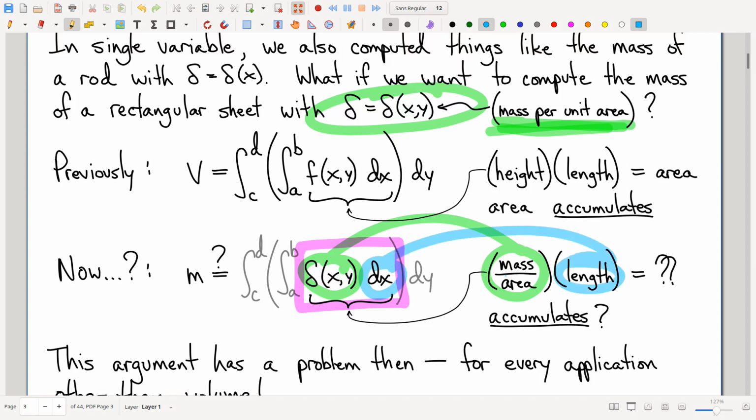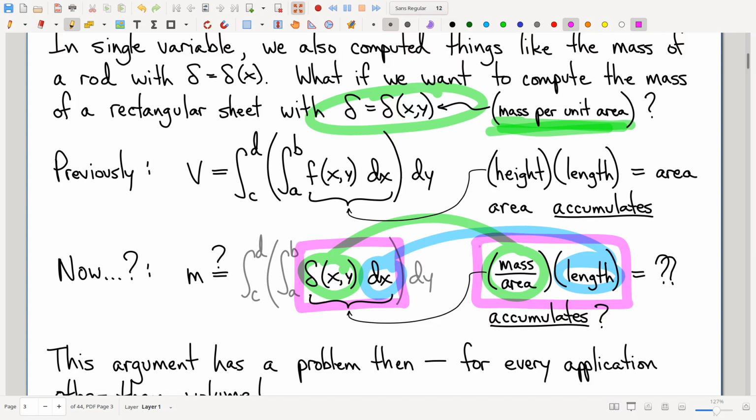And what do we get here all together? What is mass per unit area times length? And the short answer is, I don't know. That's not a thing. Mass per unit area is intended to be understood as something you multiply by area to conclude mass. The only thing we know about mass per unit area is what happens when you multiply it by area. That's not what I'm doing here. So what is this thing?